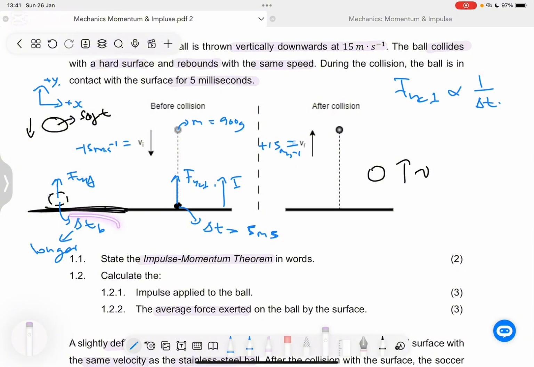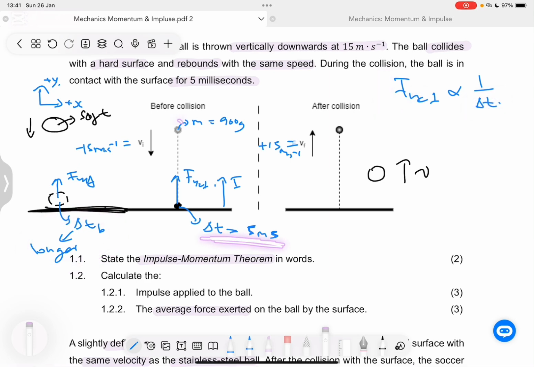So this means that this ball here, when it spends a long time in contact with the surface, our force here has to be a small force because we have a big number here for the time. So our force will decrease and become a small force.